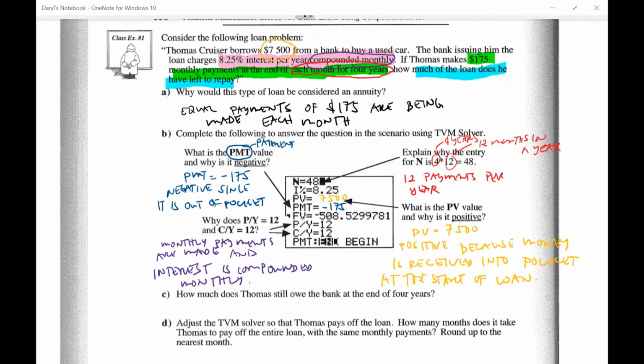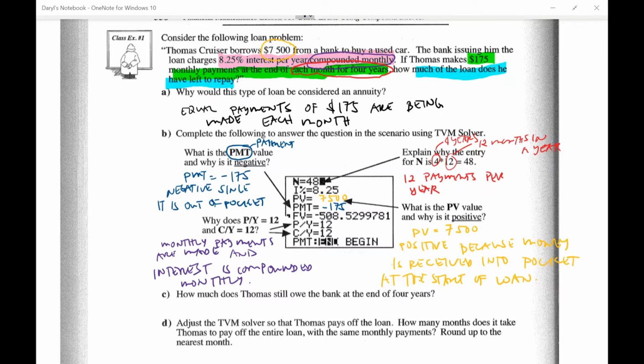Okay, so how much does Thomas still owe the bank at the end of 4 years? Remember that you're paying each month, and for 4 years, that's why the number of payments is 48. In total, you're paying your bank 175 each month.